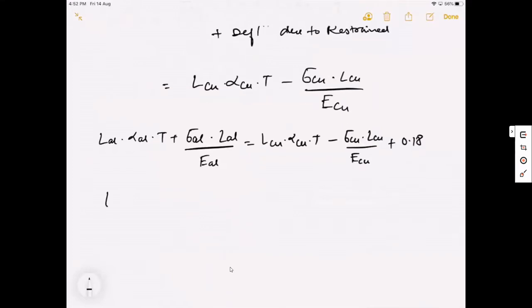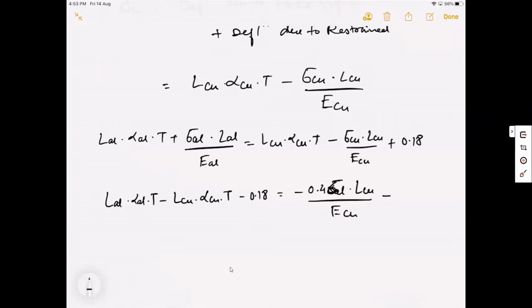So I can write down L aluminium into alpha aluminium into T minus L copper into alpha copper into T minus 0.18 is equal to minus 0.4 times sigma aluminium into L copper divided by E copper minus sigma aluminium into L aluminium divided by E aluminium.